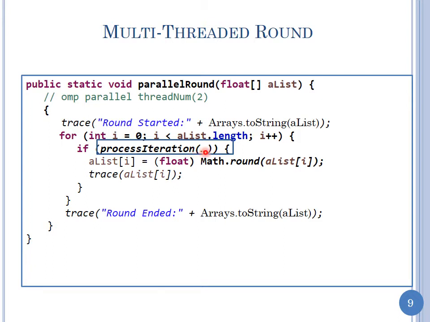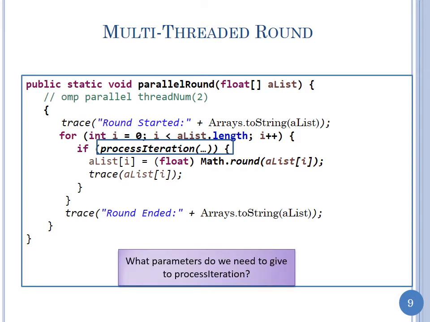What parameters should be sent here so that we can do this code in parallel, ensuring that two different threads don't round up the same element of the array, and to also make sure that all elements of the array are actually rounded up? So what parameters do we need to process iteration?